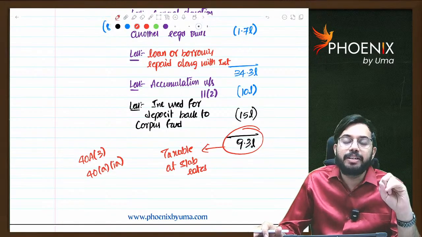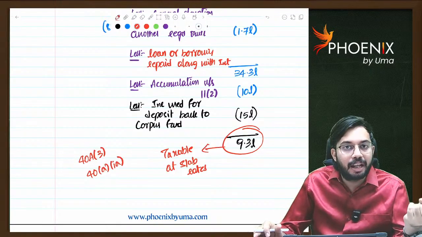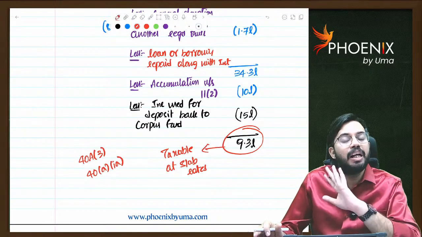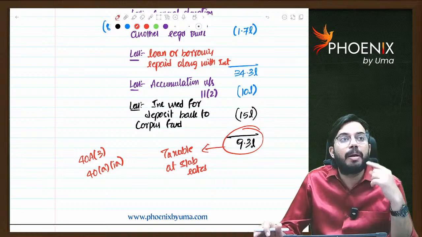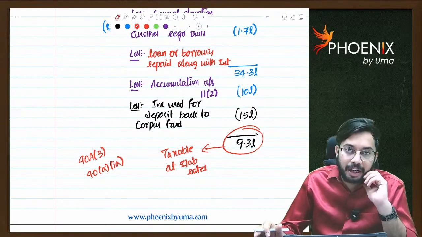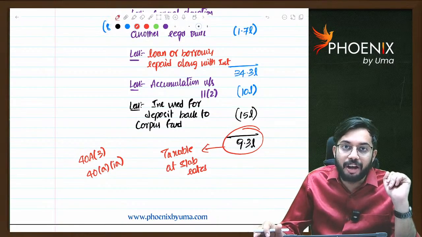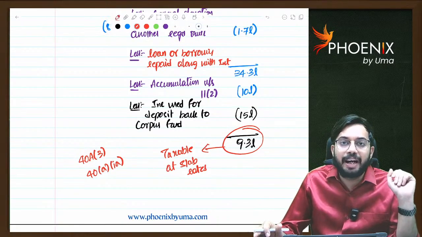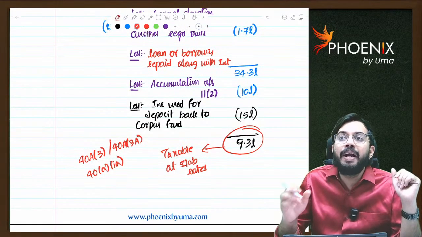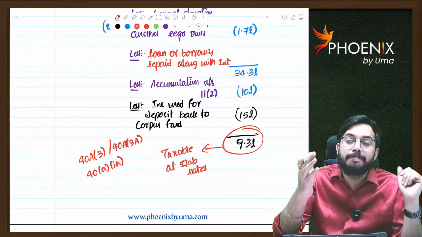So, two points. If you make cash payment of more than 10,000 rupees per person per day, that will not be treated as applied. When you are making payment, if you forgot to deduct TDS, or you deducted TDS but did not deposit to the government, that will also not be treated as applied. Are you able to see here? You paid in cash more than 10,000 rupees per person per day.